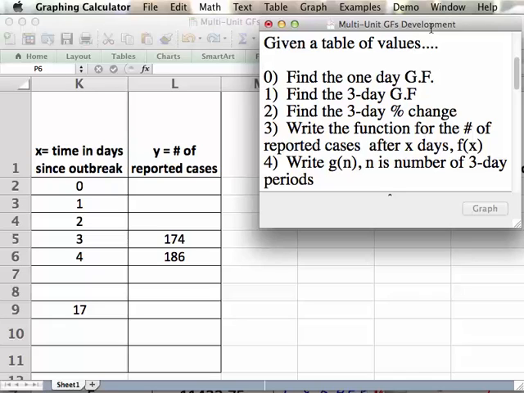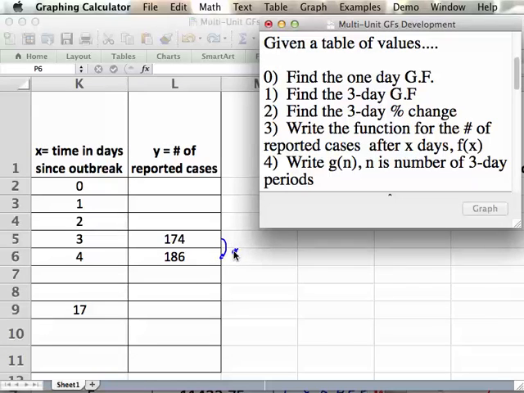Okay, Cody. How do we do on the one-day growth factor? How did you figure that out? I divided 186 by 174. Okay, because, right? Because that gives us the growth factor from 174 to 186.